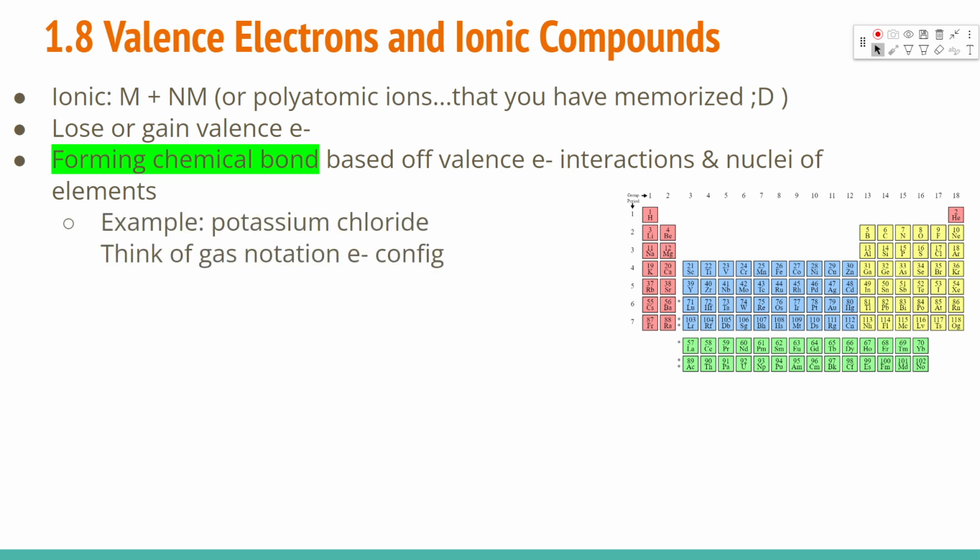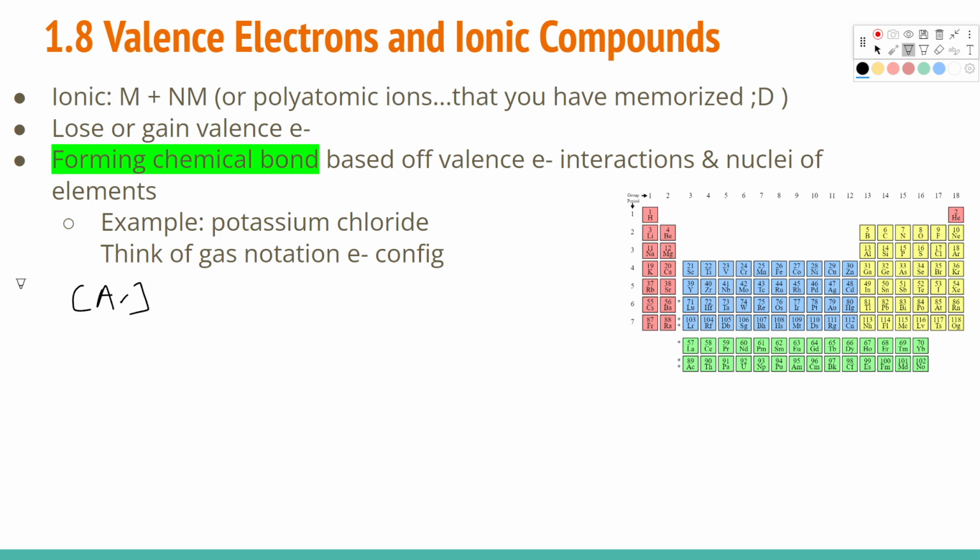So let's look at potassium chloride. Potassium is K, right over here, and then chlorine is over here. Let's think of gas notation, electron configurations, for both of these. So we have potassium. Potassium is going to be argon.